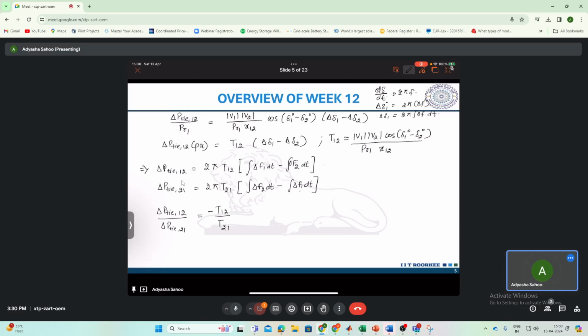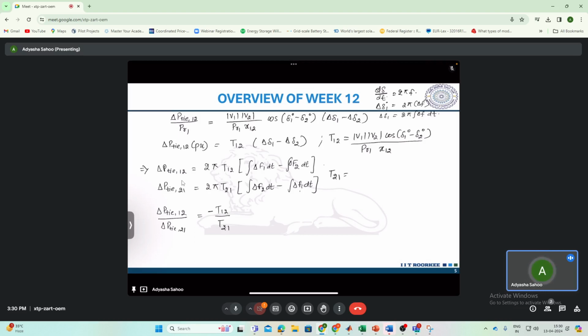And if I take this, basically t21, what will it be? It will be v1 v2 cos of delta 1 naught minus delta 2 naught divided by Pr2 x12. So basically this will be cos of delta 2 naught minus delta 1 naught, but we know cos of minus delta is the same as cos delta.